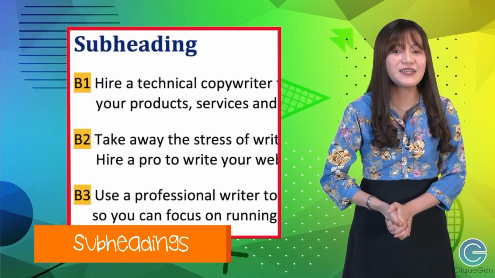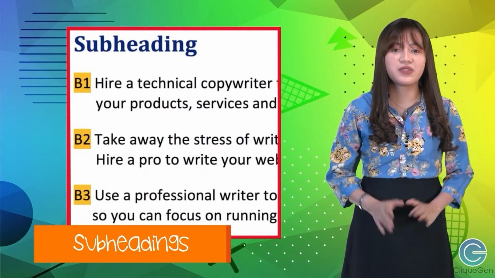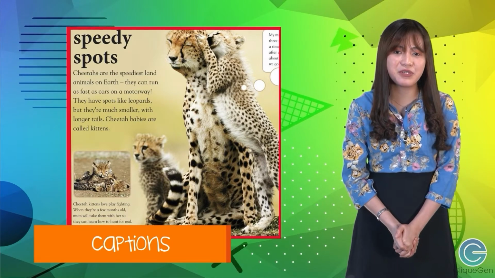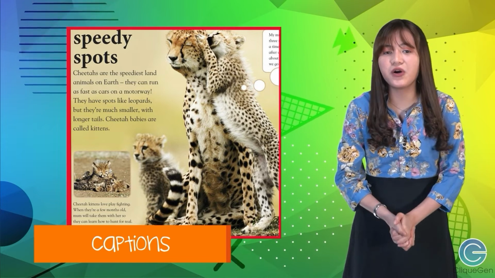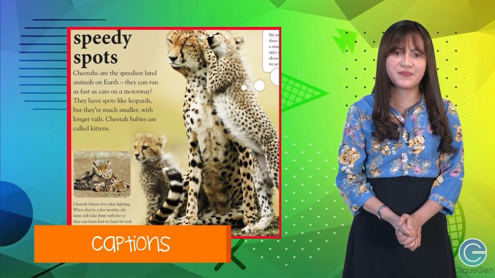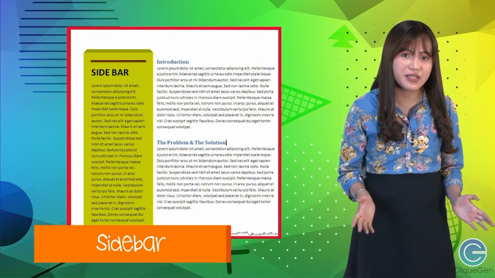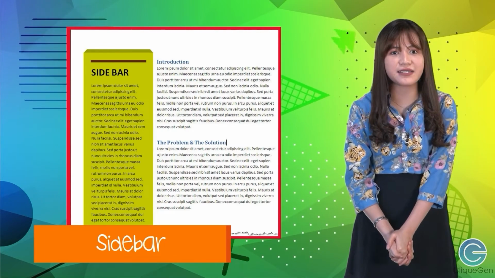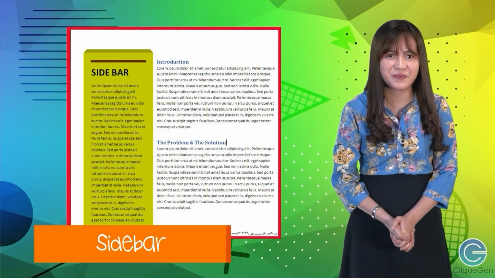Twelfth, it has subheadings, which divide the text into sections. Thirteenth, it has captions. A caption helps the reader understand what is shown in the photo or illustration included in the text. Lastly, it has a sidebar, which helps the reader understand interesting facts or important information the author wants the reader to know.